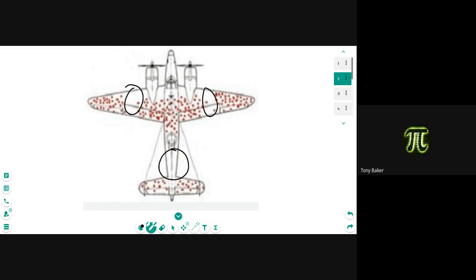This plane came back and landed. This survived. The ones that never came back, we don't have any data on them. So my guess would be they were probably shot in these parts here, the more important pieces, and hit something. Let's put the armor there.